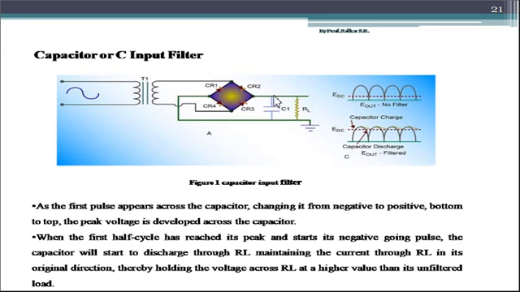Whereas when it starts discharging through RL, it gives whatever DC components or average DC value is present at the output of the rectifier. The output of the rectifier is a pulsating DC, that is, it contains AC as well as DC. So what does this capacitor do?